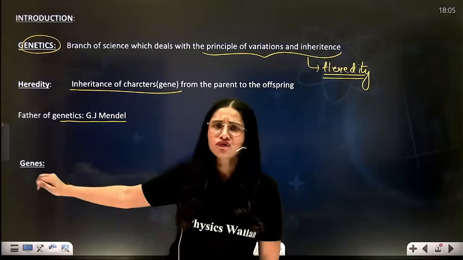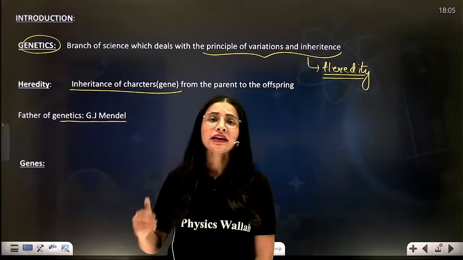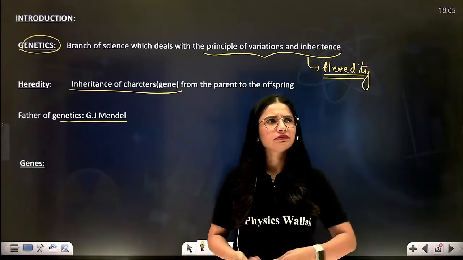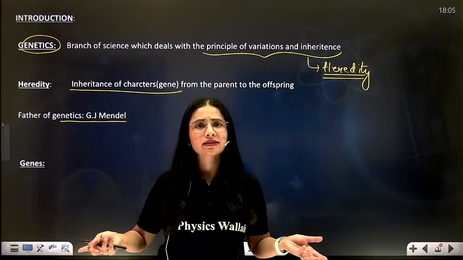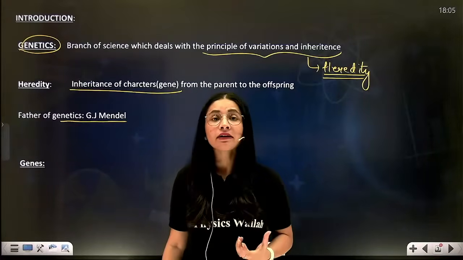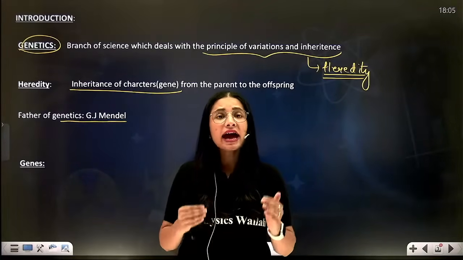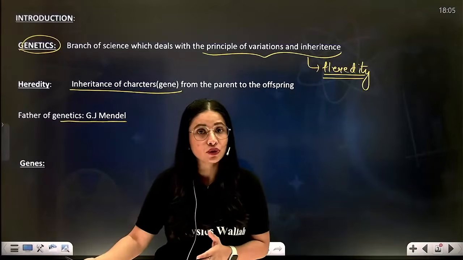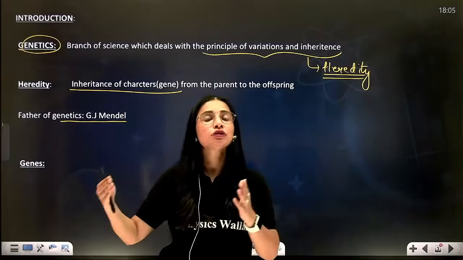The first and very important terminology which I am going to use again and again is genes. Now, everybody says, okay, these are the genes which I have inherited from my parents, that's why I look like this. But how will you define a gene? What do you understand by the term gene? Beta, genes are the active part of the DNA, the active part of the chromosome, which are transferred from the parent to the offspring.